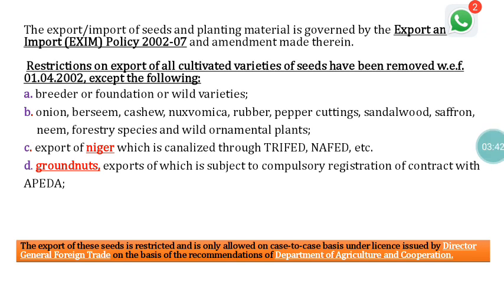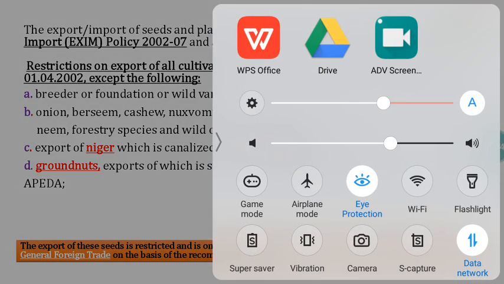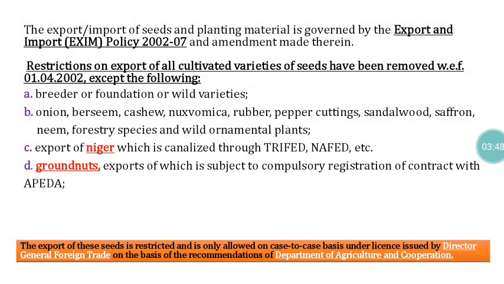Even though we have relaxed export of some material to other countries, some materials are still under restrictions. Materials like breeder seed, foundation seed or wild variety materials are not permitted to export. Similarly, onion, persimmon, cashew, nux vomica, rubber, pepper cuttings, sandalwood, saffron, neem, forestry species and wild ornamental plants are not permitted to export.